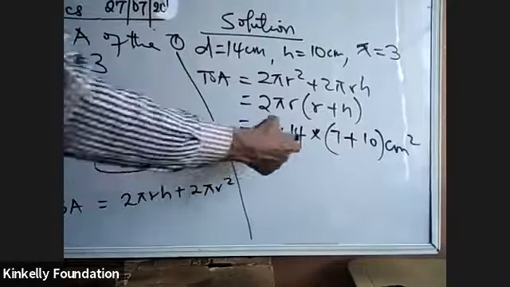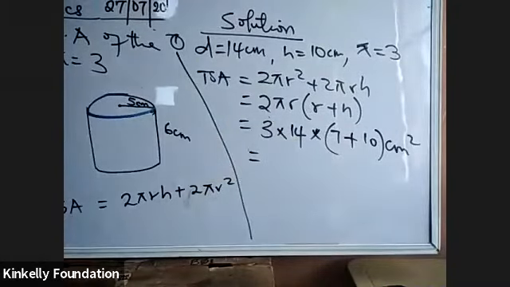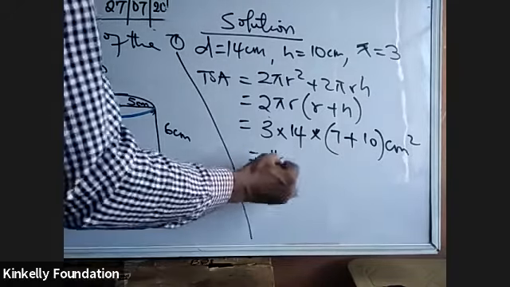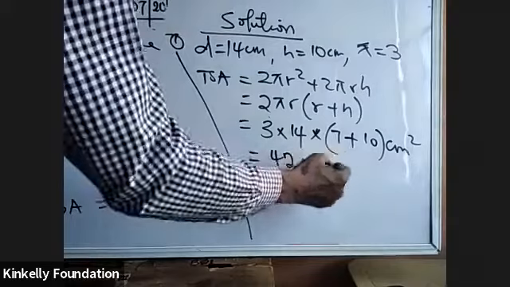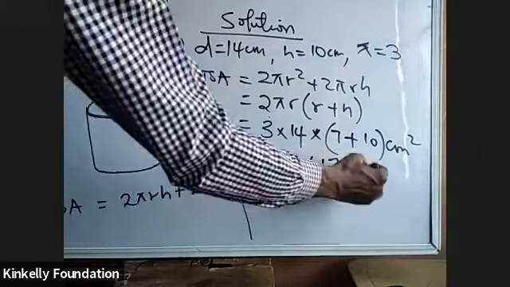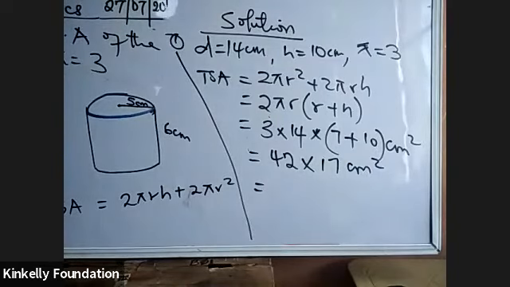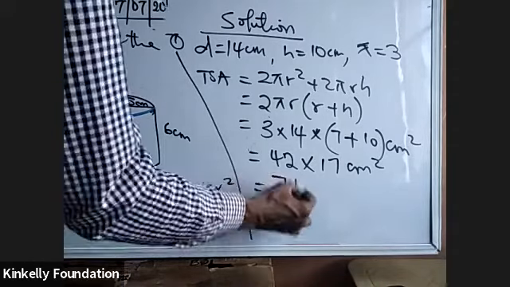3 times 14 is 42, times 17 cm squared. 42 times 17 cm squared will give us 714.